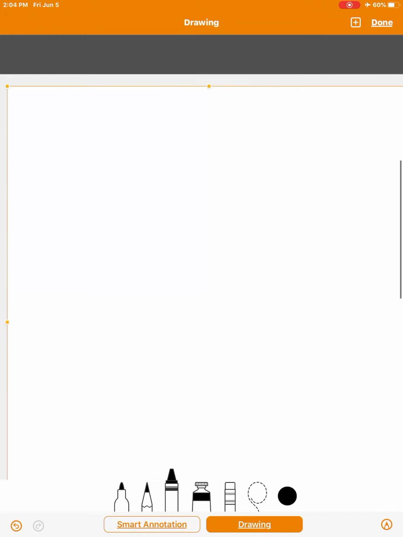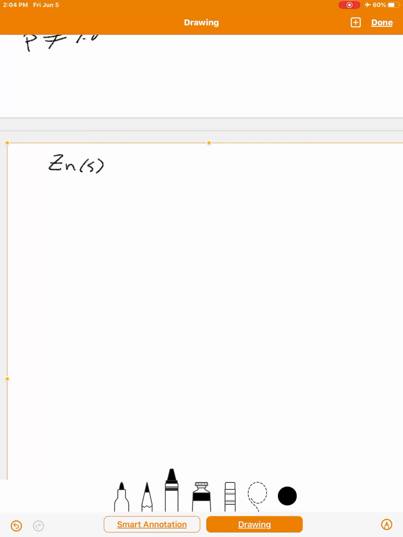Let's say that we have a reaction, zinc reacting with copper 2 plus, and that forms zinc 2 plus aqueous plus copper. Okay? So let's say that we're at 25 degrees C, and we have certain concentrations.